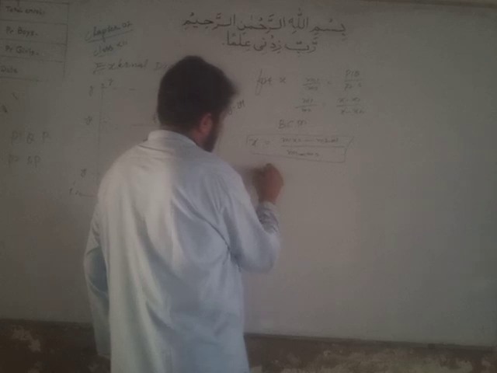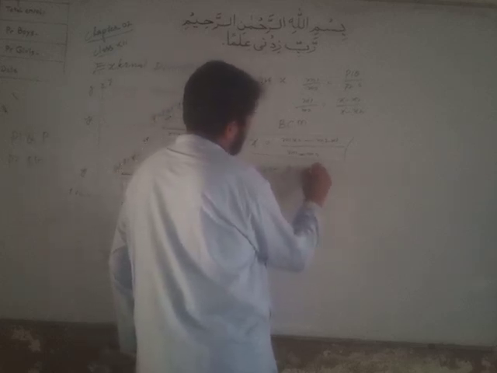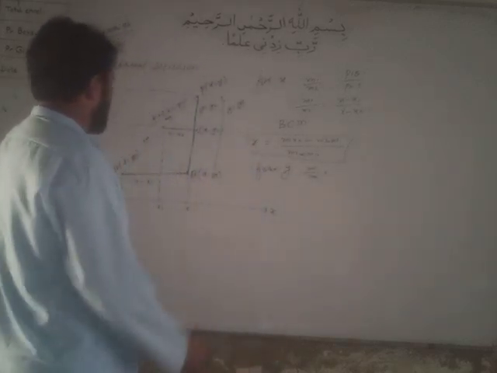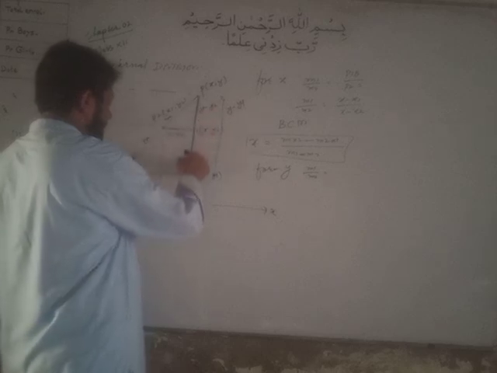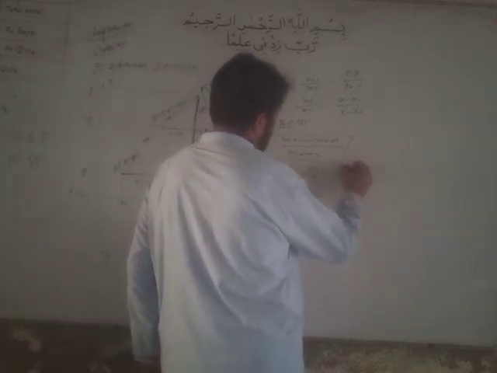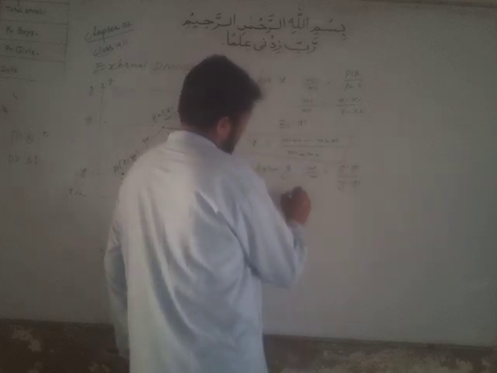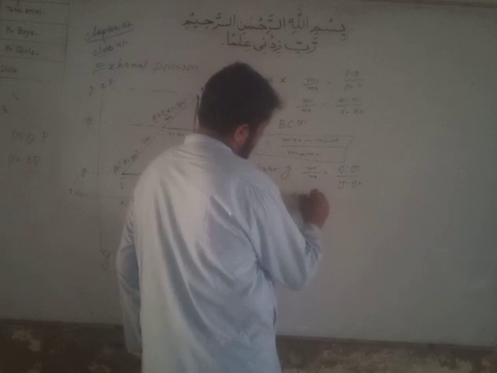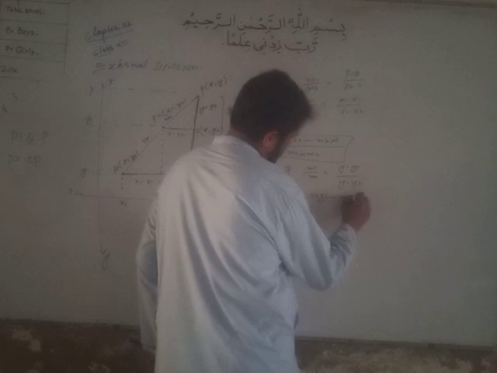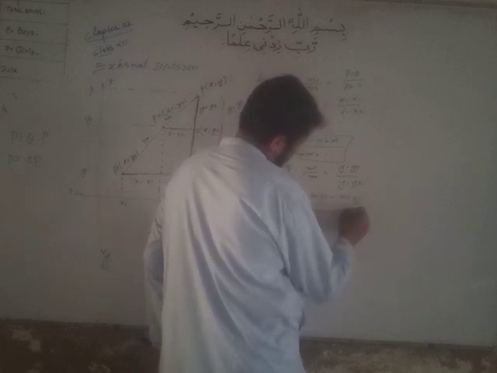And for y, the same thing. We can say m1 upon m2 will be equal to y minus y1 upon y minus y2, from this triangle. So y is equal to m1 y2 minus m2 y1 upon m1 minus m2.